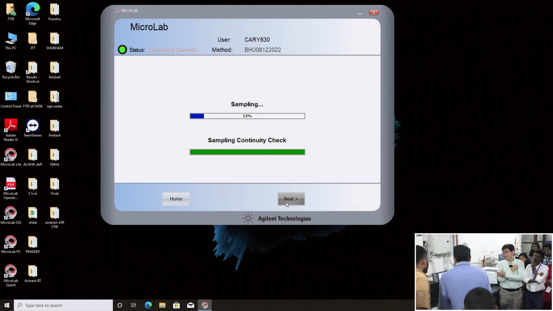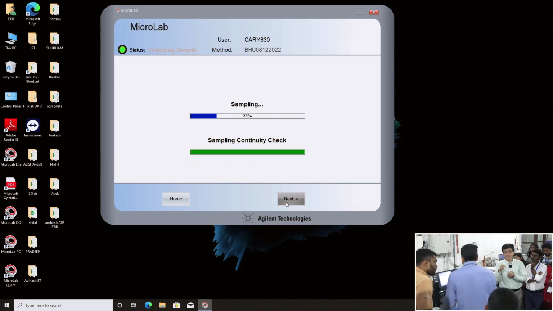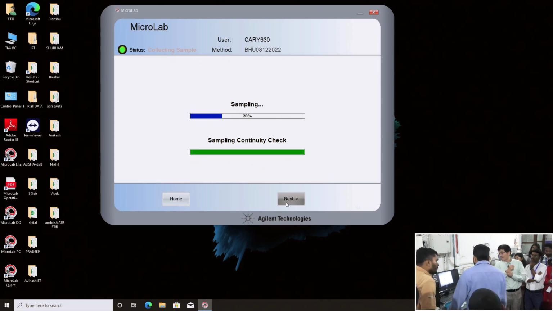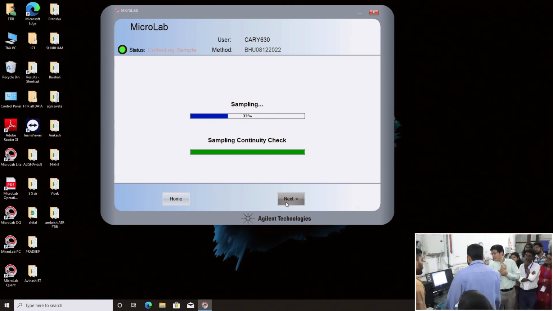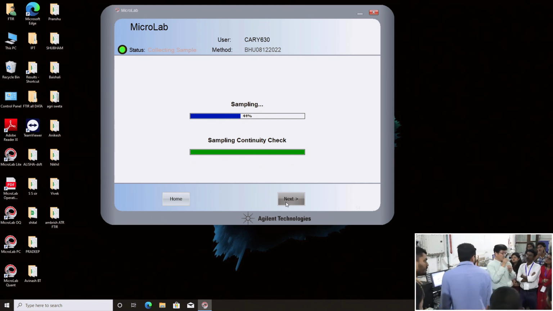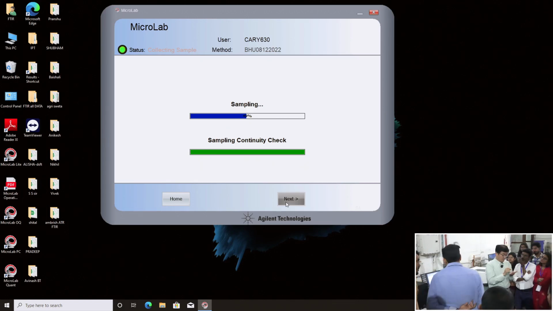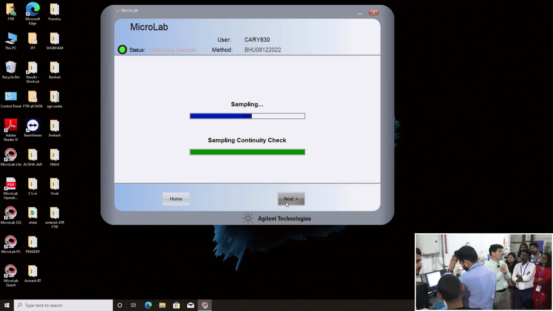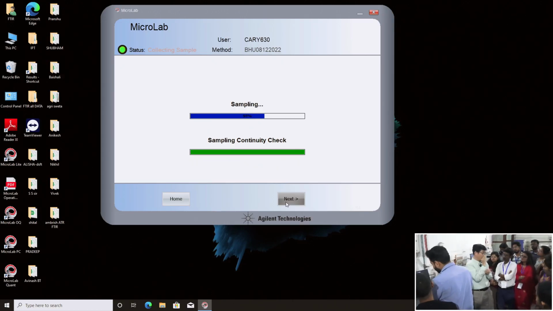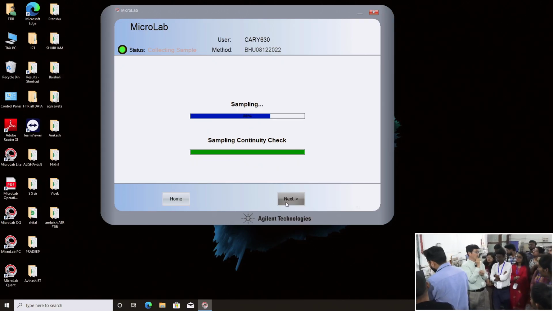How many times, what is the number of the accumulation? How many times do you scan? During the measurement, please record your experimental condition. Resolution and accumulation number are very important.